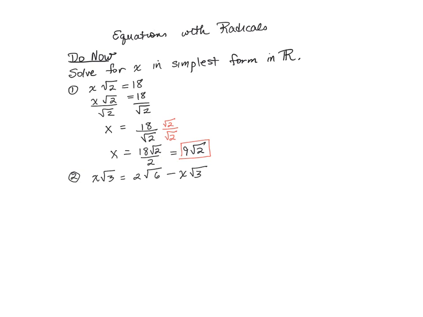That's 1. The next one is 3: x times the square root of 6 equals x times the square root of 2 plus 4. Okay, let's try these. Take a minute, copy them, and think about them.